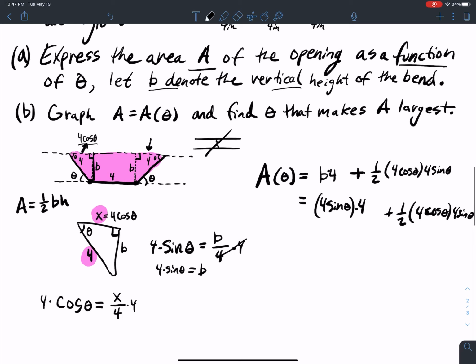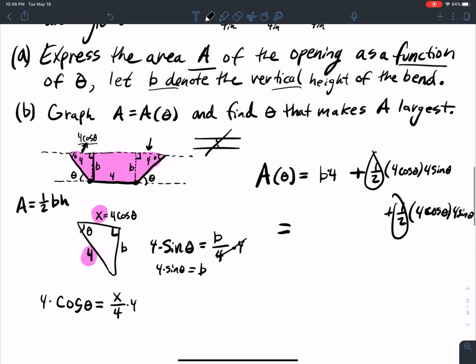Okay. So let me move all that. If I have a half here and a half here, I have a whole. So 4 times 4, I'm sorry, 4 times 4 is 16.